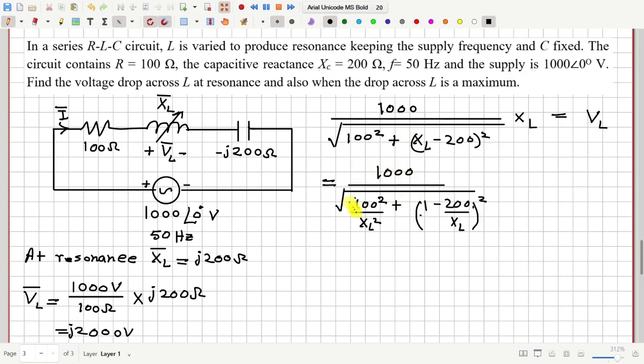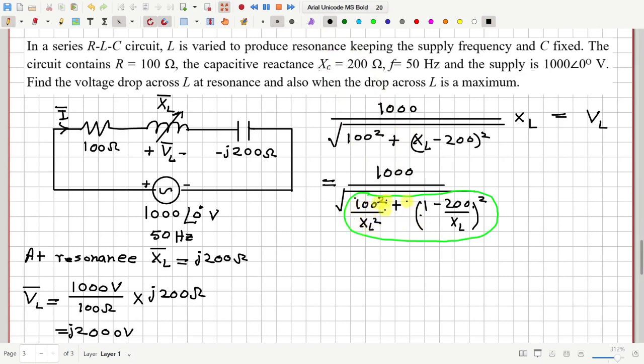Now we want maximum value for this. That means we want minimum value for this quantity. When this quantity in the denominator is minimum, this voltage will be maximum.